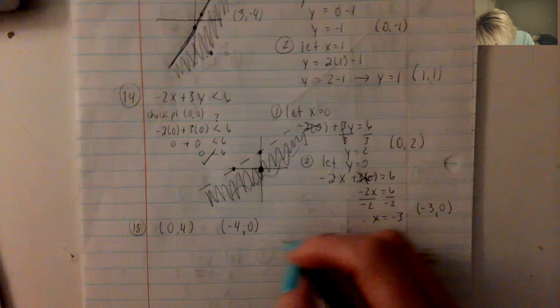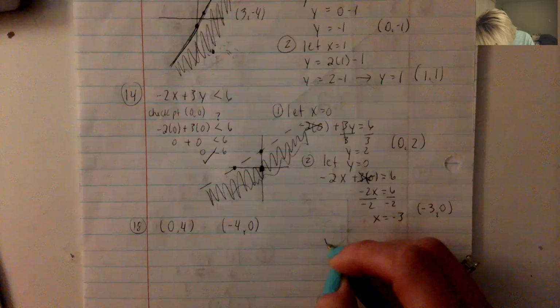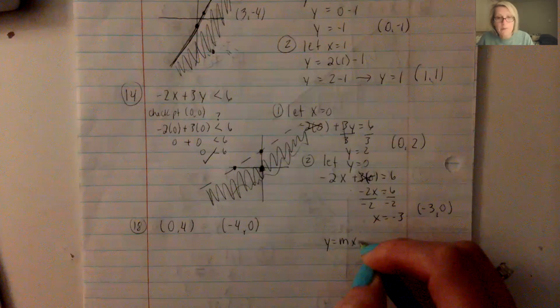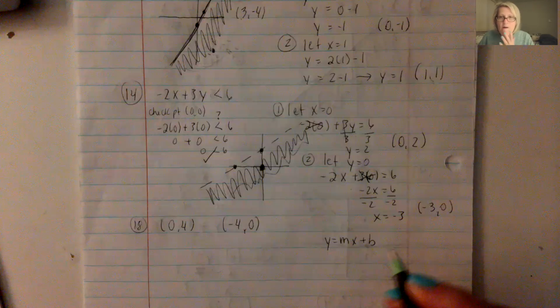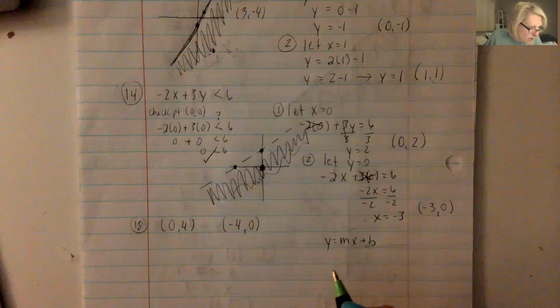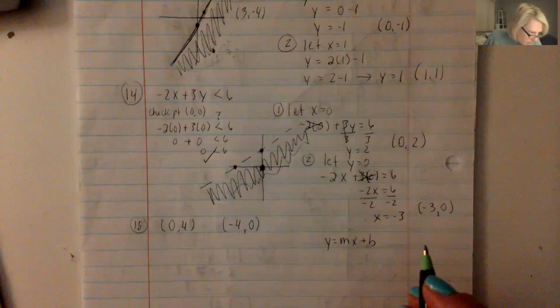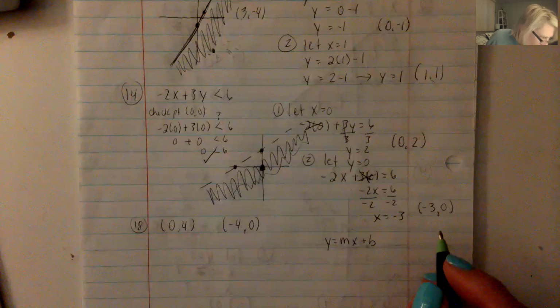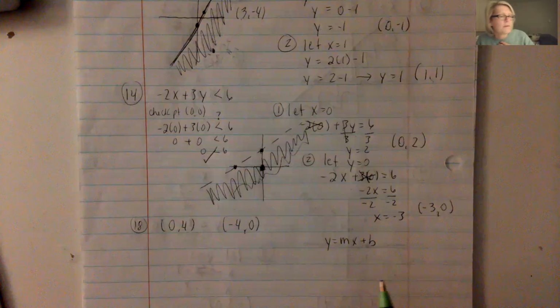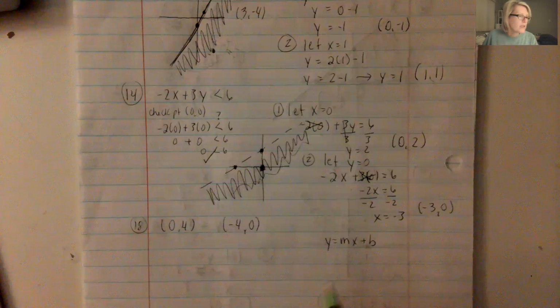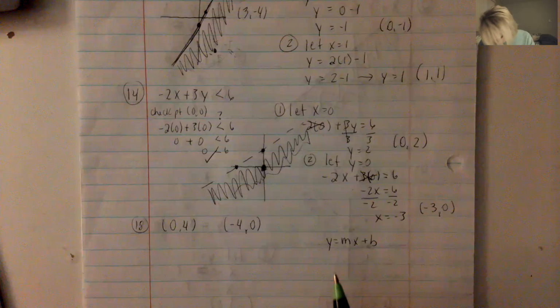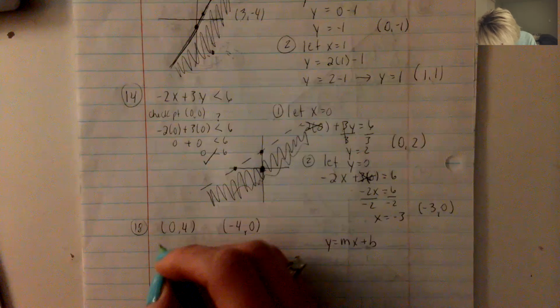So we know that we need a Y equals MX plus B, right? And it's a dotted line. So let's go ahead and find our slope.